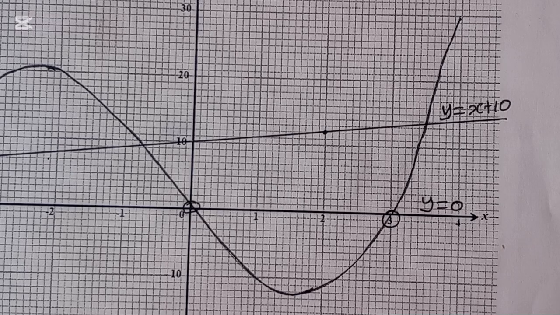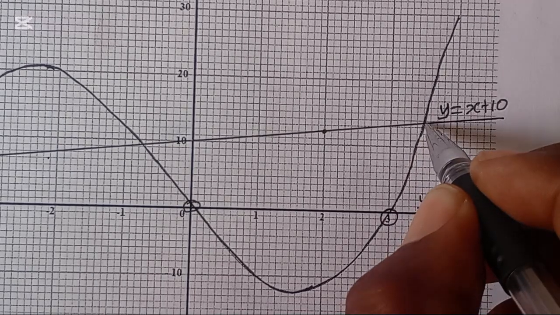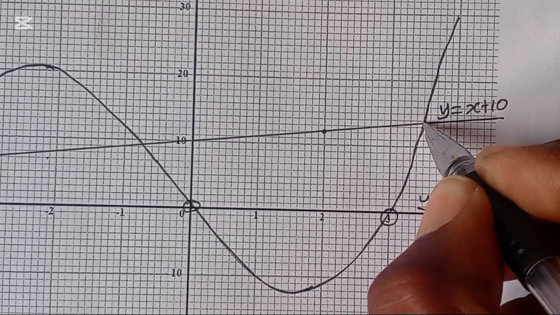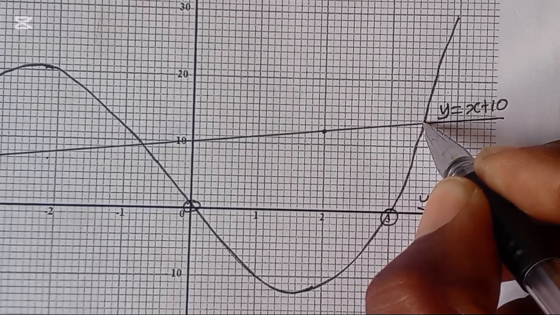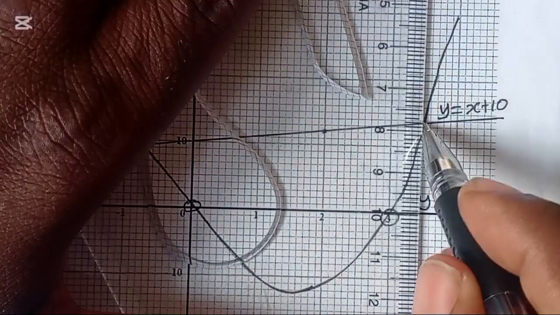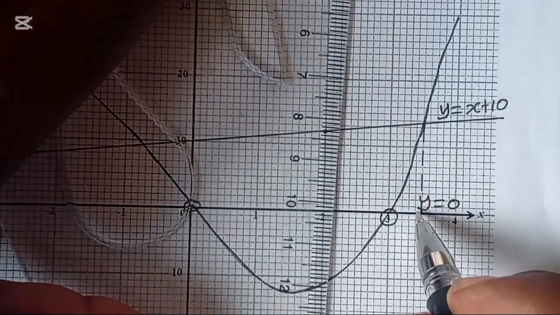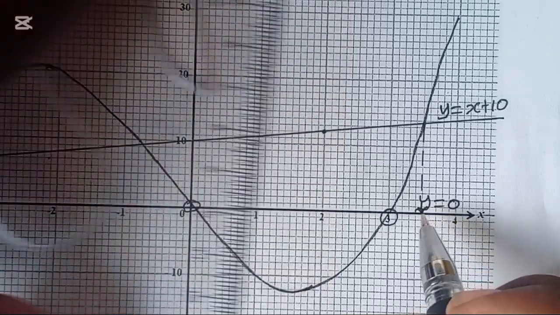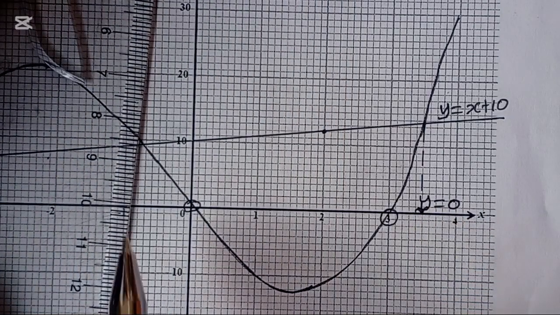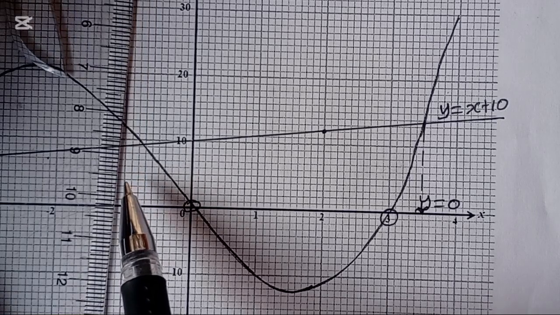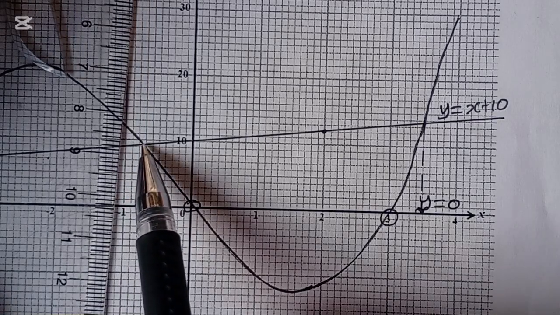Now, how do we solve for x? Here is how we solve for x. This is where it is meeting with the graph. So you come to the x-axis. That is a dotted line. This is where our answer will come from. Then also from here. Here it is intersecting at the middle of the box.